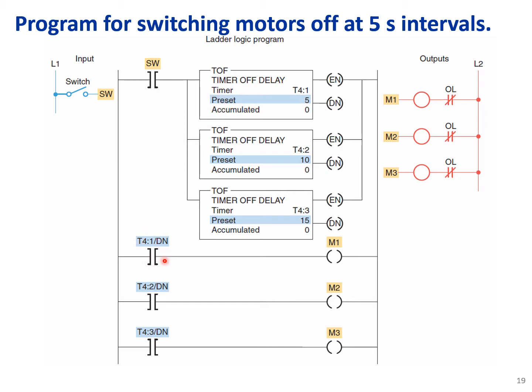Why? Because we have used the done bit of the first timer to turn off the first motor. The second motor will go off after 10 seconds because we are using the done bit of the second timer to control the second motor, and after 15 seconds the third motor will go off.